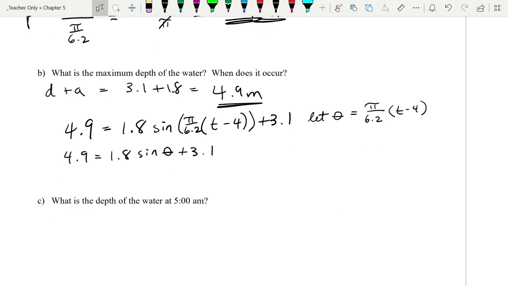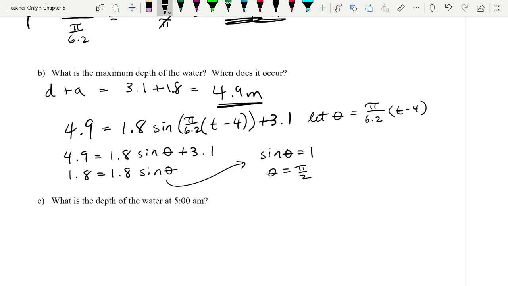All right, algebra says we minus the 3.1 from both sides. And look at that. I actually probably don't need a calculator for this part. Sine theta equals 1. And when is sine theta equal to 1? When theta is pi by 2. So this mess here is theta, and theta is pi by 2.